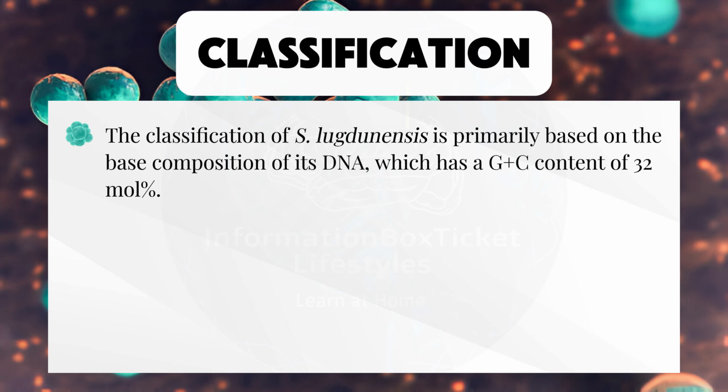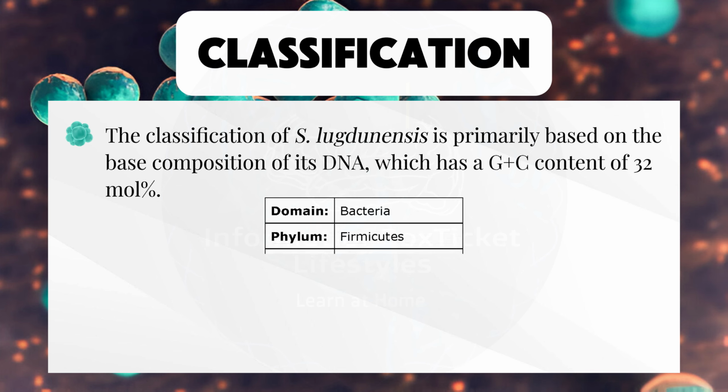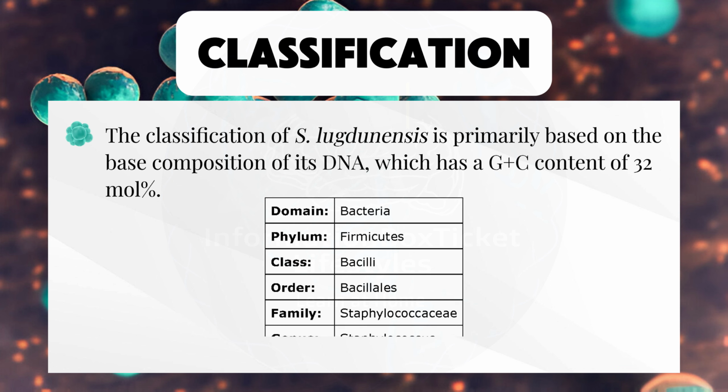The classification of Staphylococcus lugdunensis is primarily based on the base composition of its DNA, which has a G+C content of 32 molecular percent. Staphylococcus lugdunensis belongs to the domain Bacteria, phylum Firmicutes, class Bacilli, order Bacillales, family Staphylococcaceae, and genus Staphylococcus.